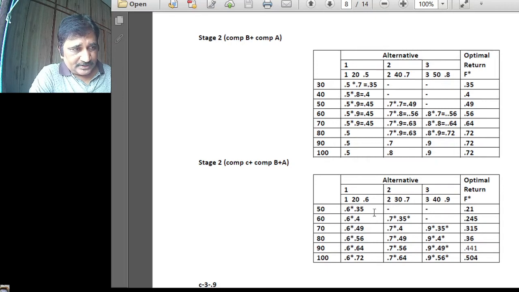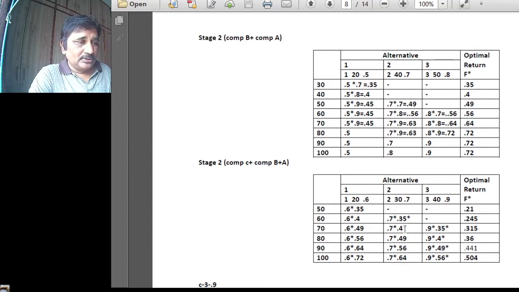So with 60 rupees, you will be left with 30 rupees if you use this alternative, and for 30 rupees, the optimal return is 0.35, meaning component B and component A together will be giving you optimal reliability.